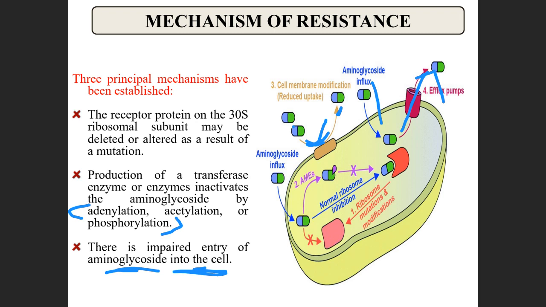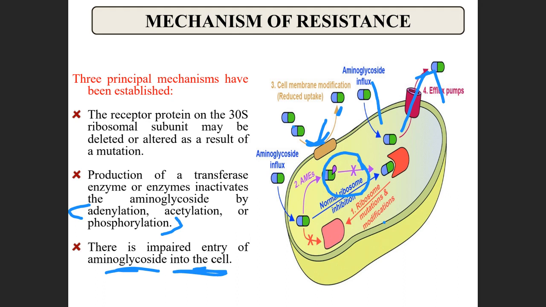And the influx of this aminoglycoside can be inhibited by this mechanism, where the formation of normal ribosome inhibition took place. So this is the first one, and the second one, and the third process.